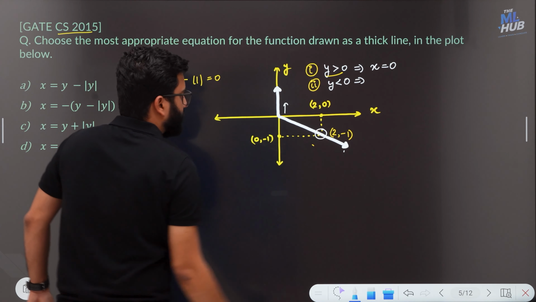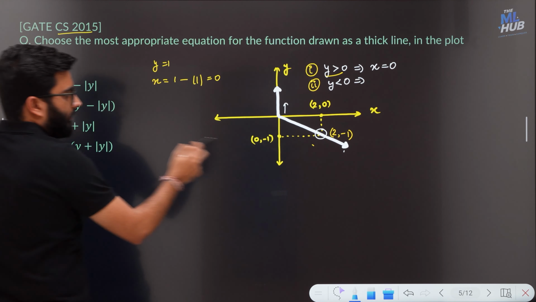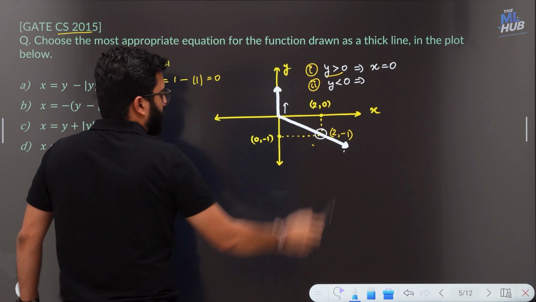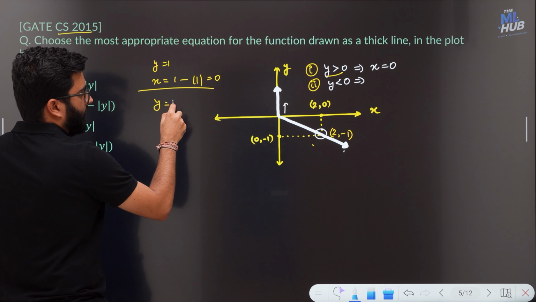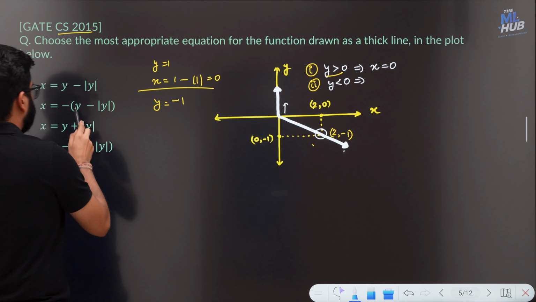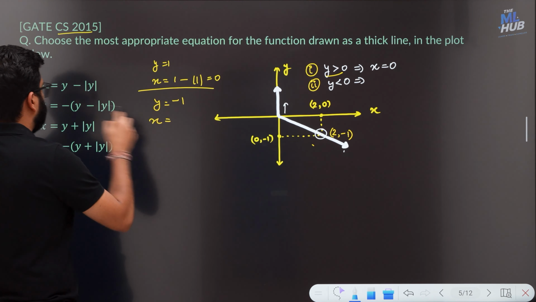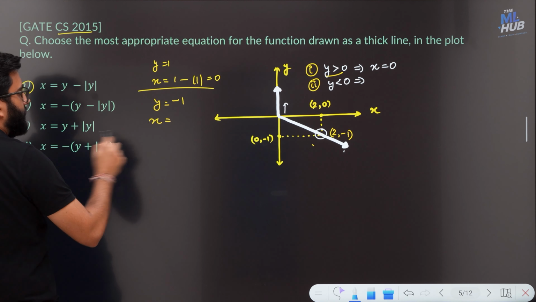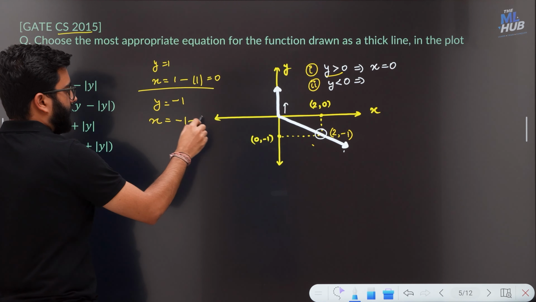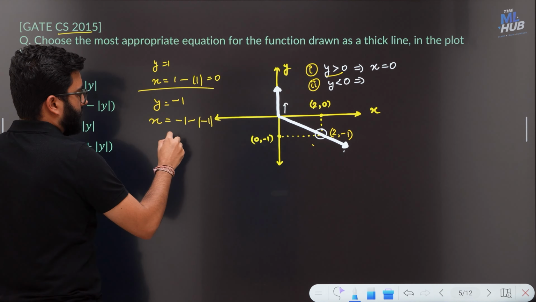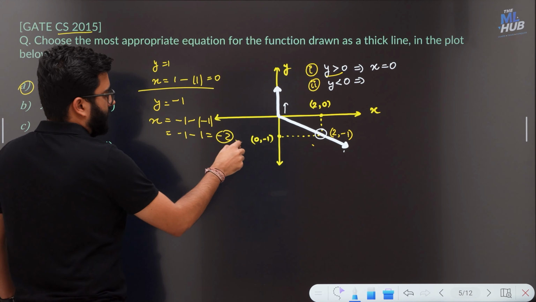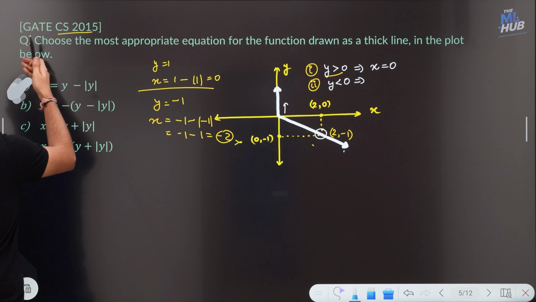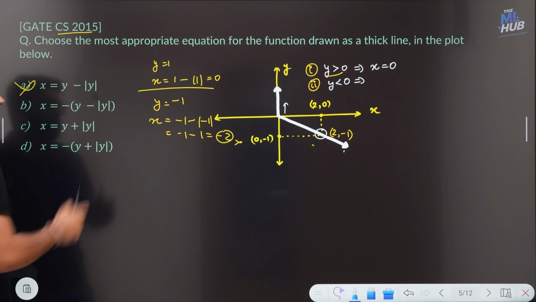Then we'll check the second, whether it is satisfying the point 2, minus 1. When y is minus 1, from this equation, part A, x turns out to be minus 1 minus mod of minus 1, which is minus 1 minus 1, which is minus 2, which is incorrect. So A is not right. It is not satisfying the second one.